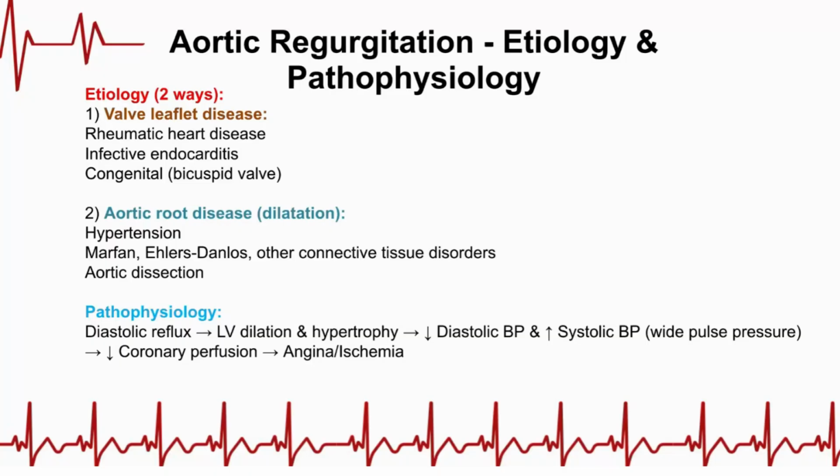Valve leaflet disease is caused by the same things we've spoken about before: rheumatic heart disease, infective endocarditis, and congenitally, a bicuspid aortic valve instead of the normal tricuspid valve.